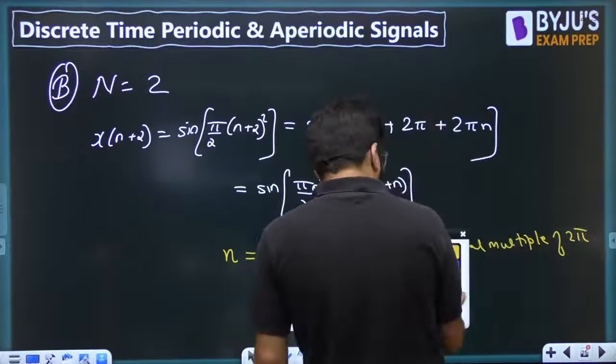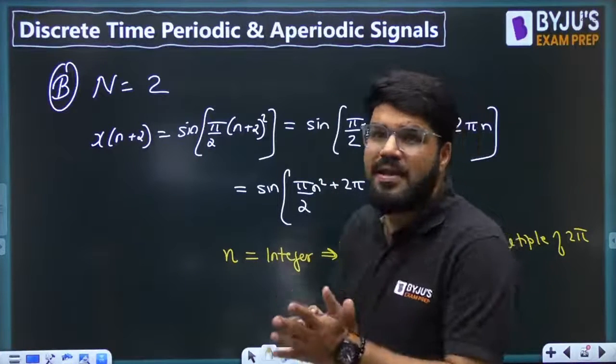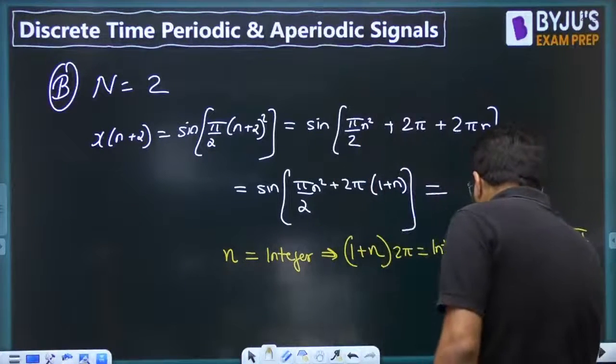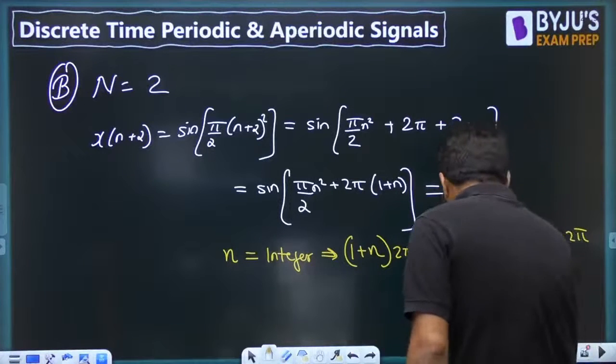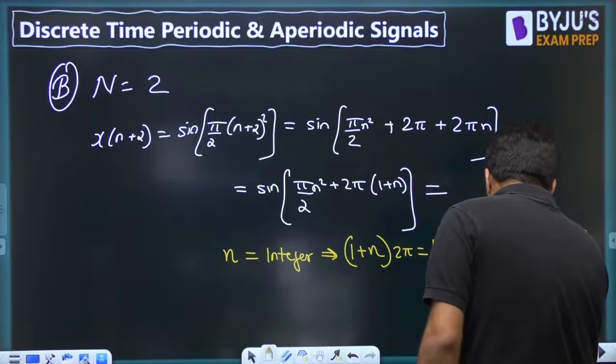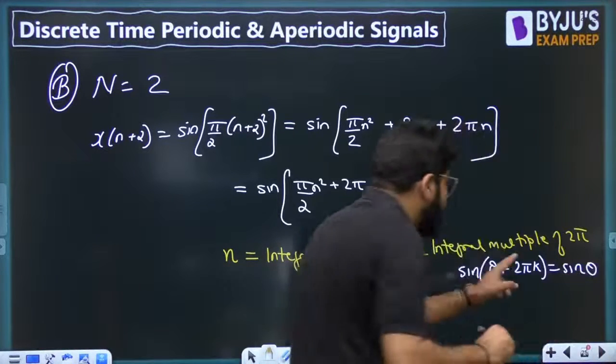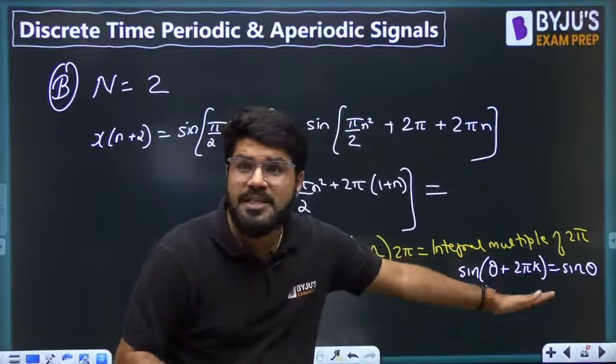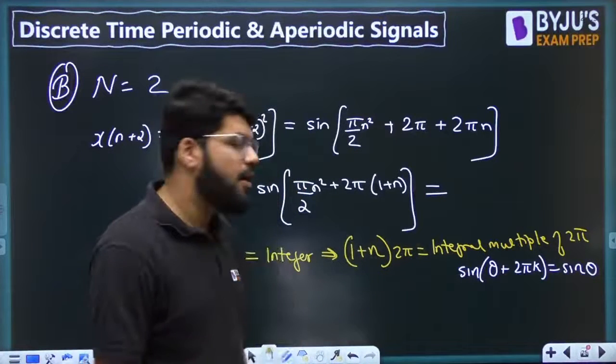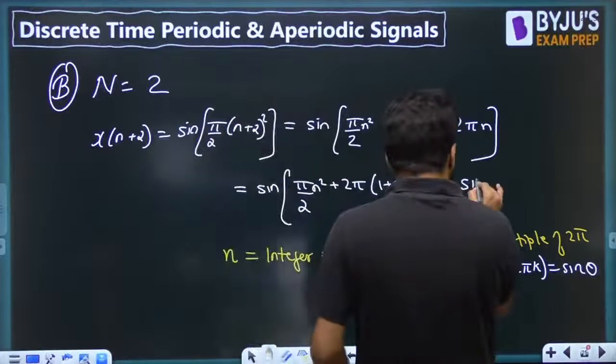And at every integral multiple of 2 pi, sin theta will repeat. Sin theta plus 2 pi k is sin theta. You can say sin theta plus 2 pi, sin theta plus 4 pi, sin theta plus 6 pi, all will be equal to sin theta.